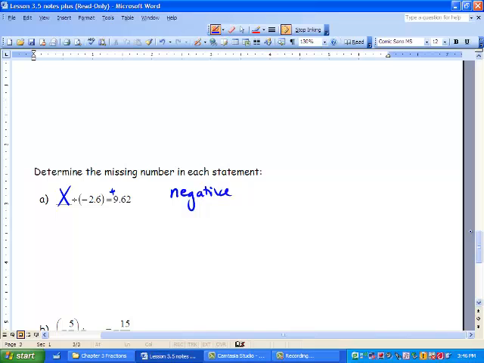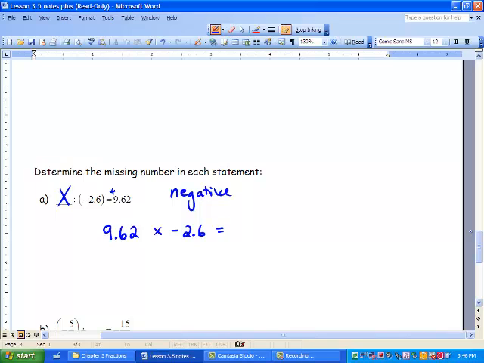All right. Now, what we're going to do is ask ourselves, what divided by negative 2.6 is 9.62? Well, we can do the opposite. So we're going to multiply 9.62 times negative 2.6.